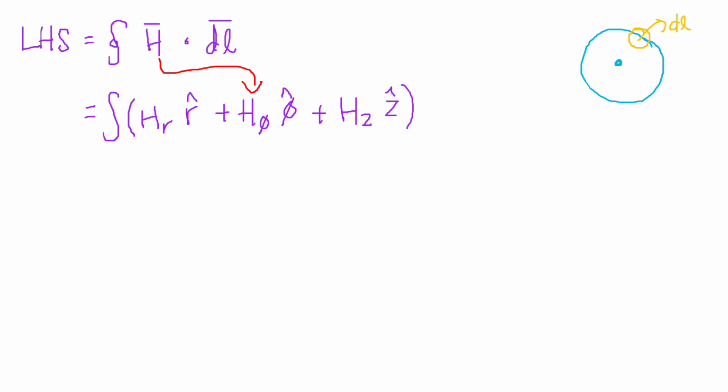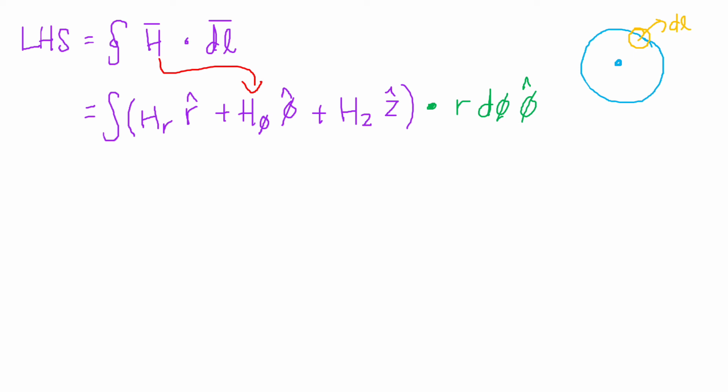Due to this, the dl can be replaced by r d phi in the phi direction. Okay. Now, the dot product between r and phi will be 0. The dot product between z and phi will be 0. Thus, only this will be left.